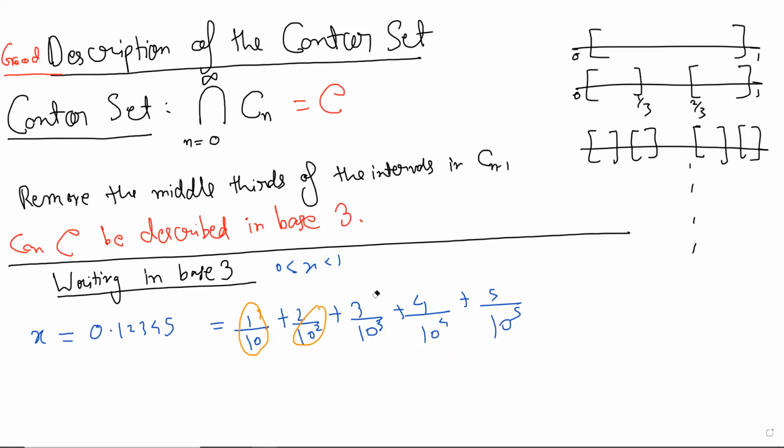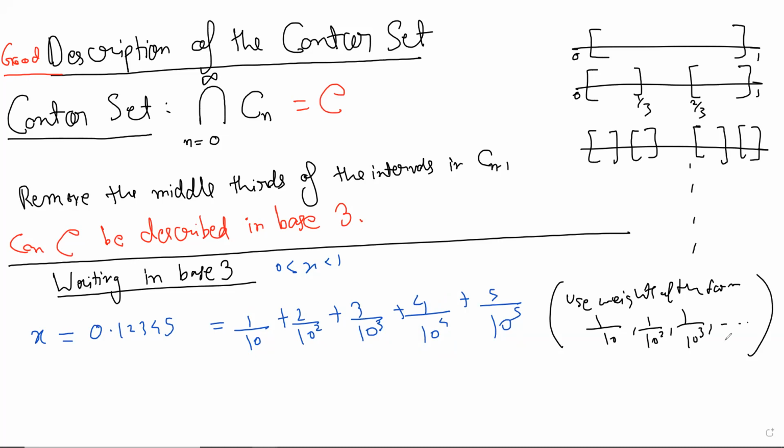Now, if you think about that, you can describe a number X. You don't have to use these weights, right? So this is if we use weights of the form 1 by 10, 1 by 10 square, and so on. Okay. So this is like giving a coordinate to a number, a quantity.